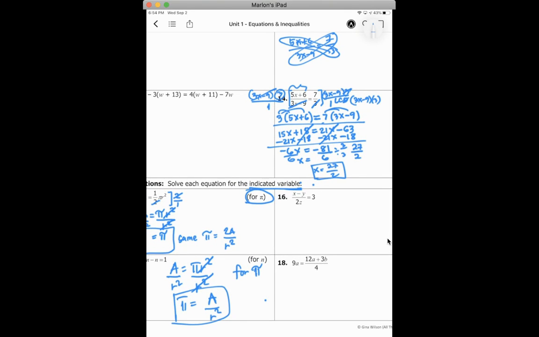Or if I'm, say, solving for, let's say, what do you call this? Something in chemistry. Let's say the formula is, what do you call that formula?